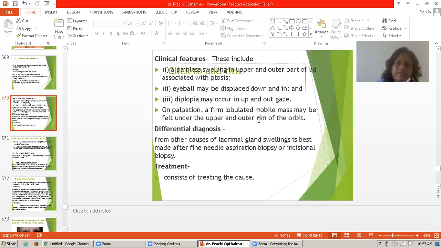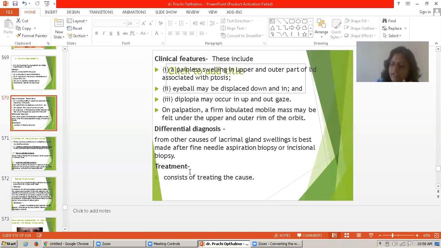So this is all about dacryoadenitis, and in the differential diagnosis, this is how we differentiate it from other diseases of the lacrimal apparatus. From the other causes of lacrimal gland swelling, the diagnosis is made after a fine needle aspiration biopsy or incisional biopsy, and the treatment consists of treating the cause.